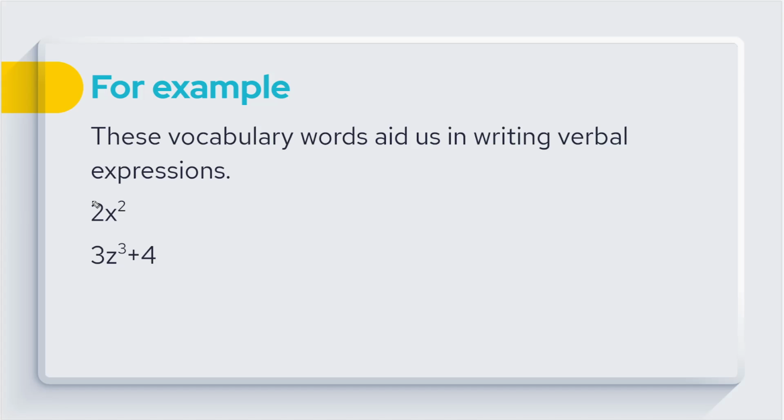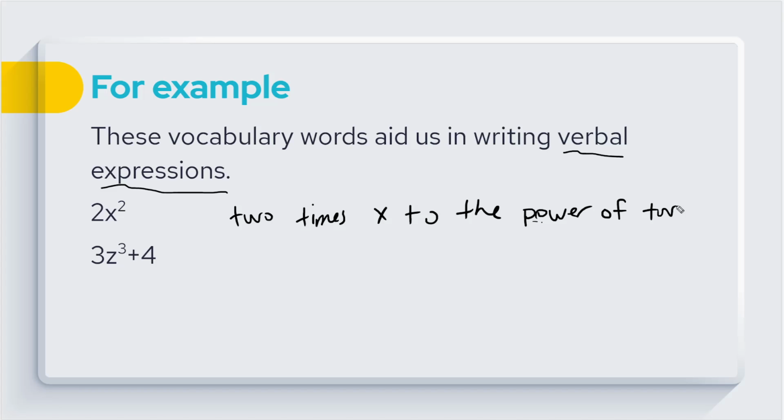So knowing all these things, we can write a verbal expression. A verbal expression is putting this into words. So you can say that this is 2 times x to the power of 2.